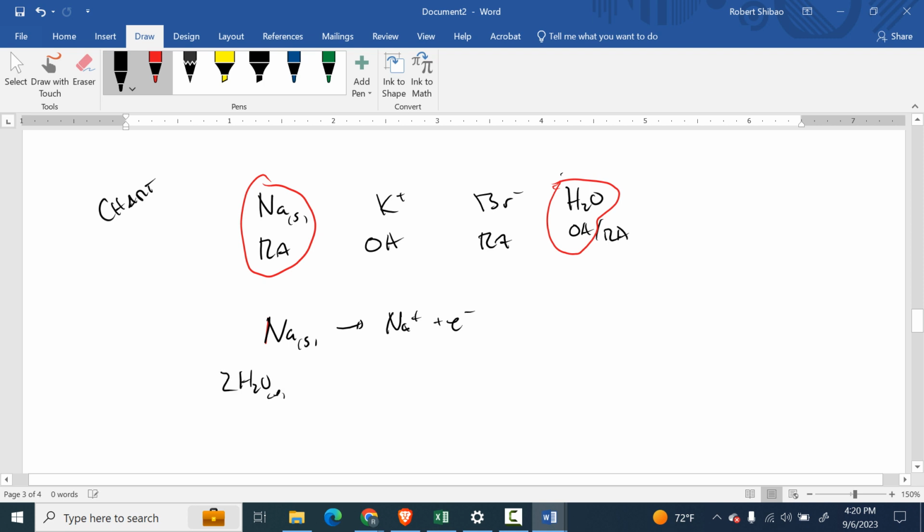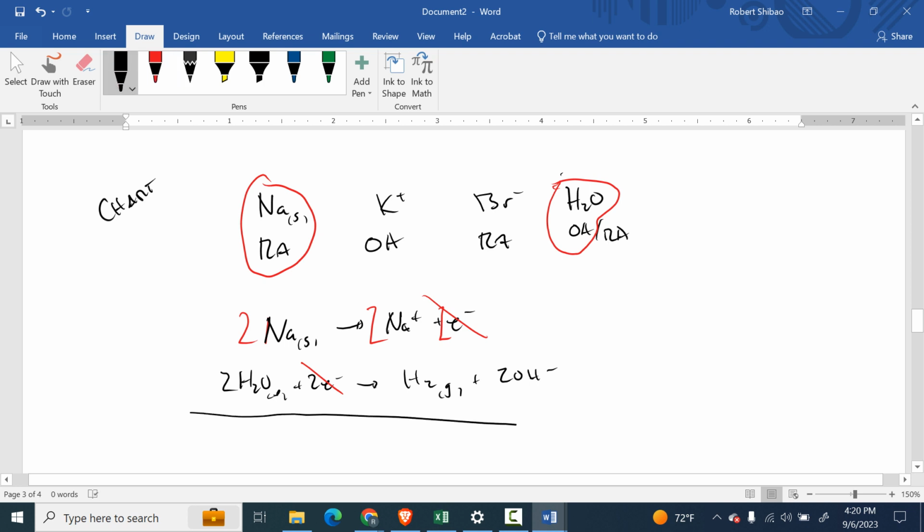So I'm going to go 2 H2O plus 2 electrons yields H2 gas plus 2 hydroxides. Okay, when I look at this, I have 2 electrons on the left and 1 electron on the right, so I'm going to double the sodium here. And that means the 2 electrons cancel on the left and the right.